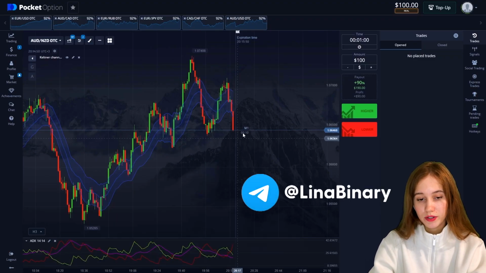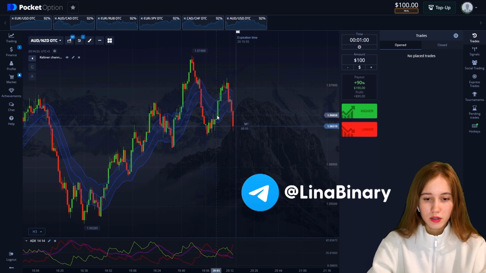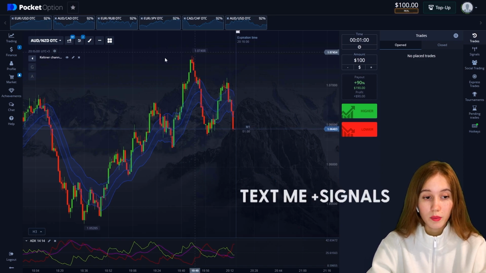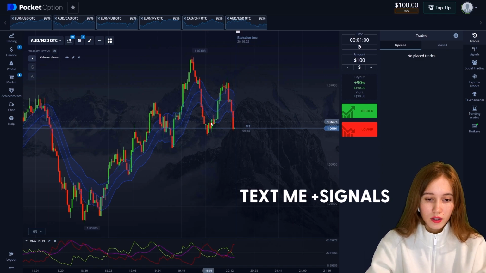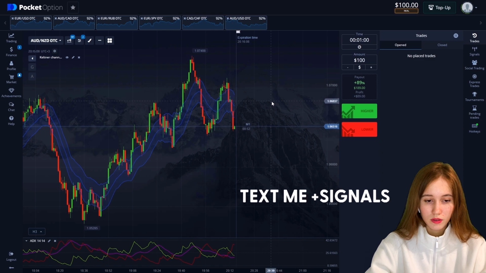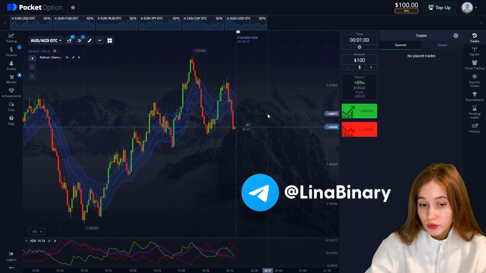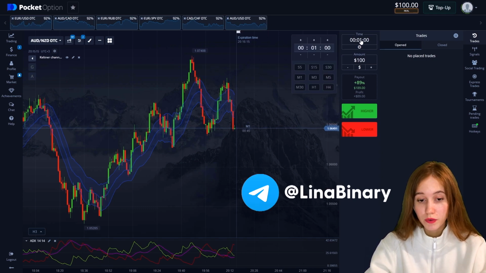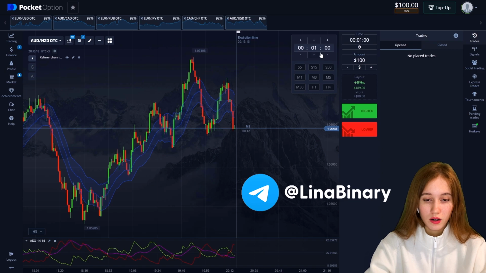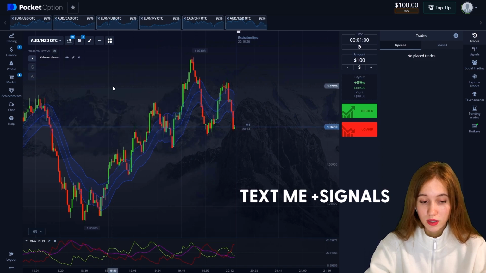So we start our trading session with $100. Let's get started. The first thing, we set up our workspace. We start our trading session with the amount of $100, 100% of our balance, 1 minute time frame, 1 minute deal amount.